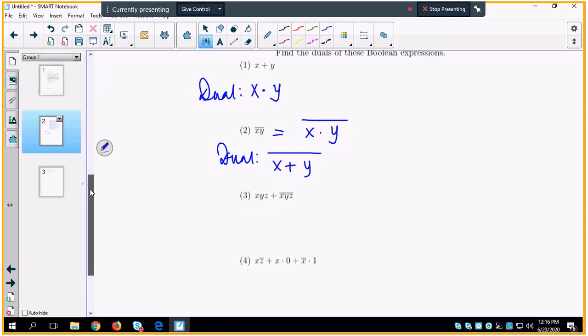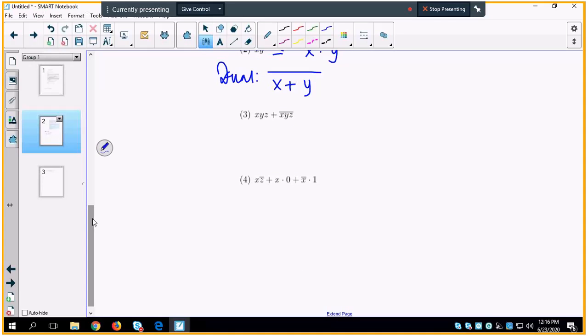The following expression, I have x dot y dot z. I always write it using the dots so that it makes understanding a little better, and it also helps you understand the order of operations, which one you should do first. Now let's start taking the dual of this expression.